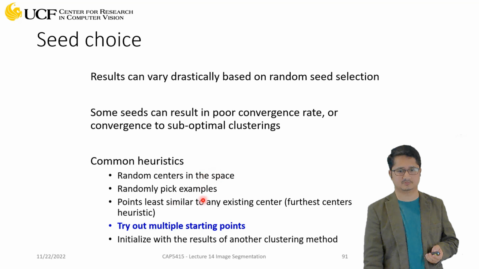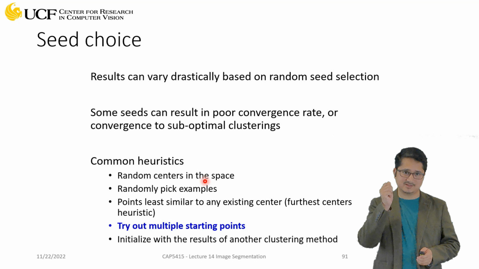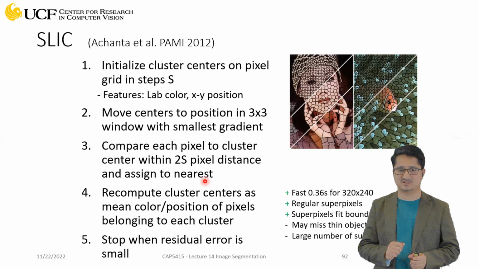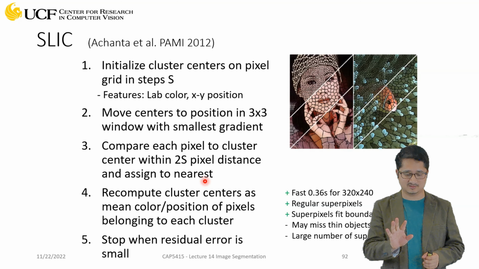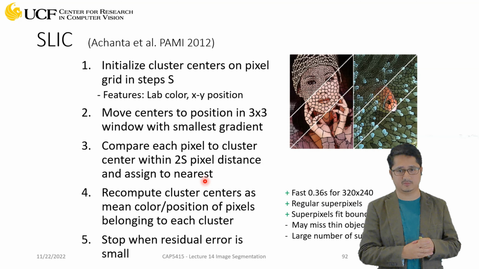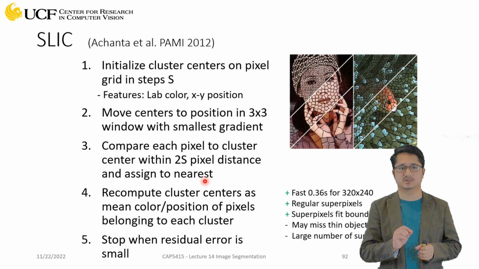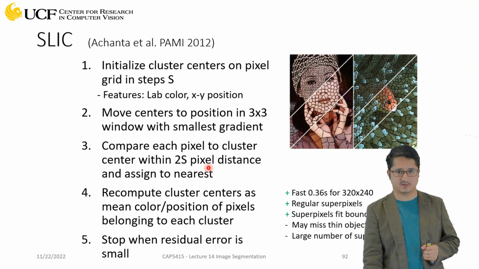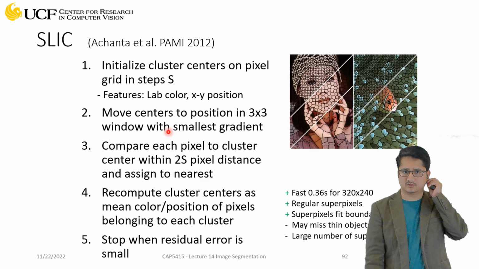Okay, so that's k-means clustering. Now let's see how that can be used for image segmentation. Basically this is just one slide I have, and you have seen how simple the k-means algorithm is. Now you will see how simple this SLIC algorithm is. This was proposed in 2012.